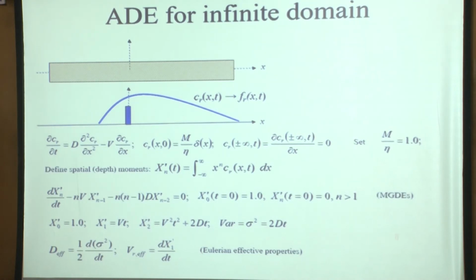But I also want to introduce you to another way of doing this. And what that requires is that I take each of those terms, multiply that with x to the power of n, and integrate from minus to plus infinity.